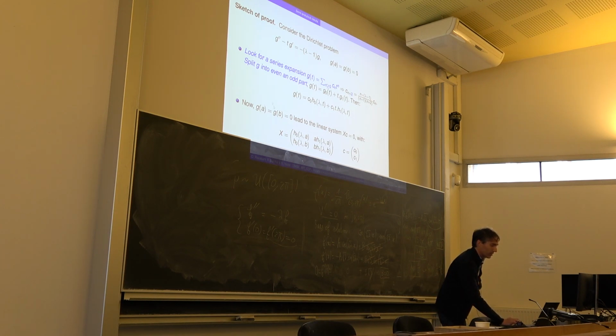When you write the Neumann condition, or the boundary conditions, you get a linear system. You have two conditions, the left boundary and the right boundary, okay? So you get a linear system, and the trick is that this linear system must be singular.